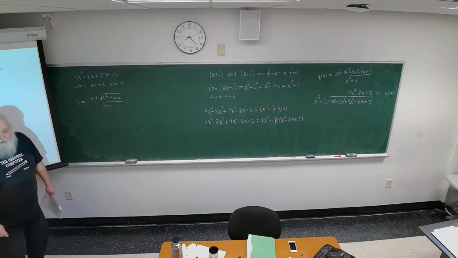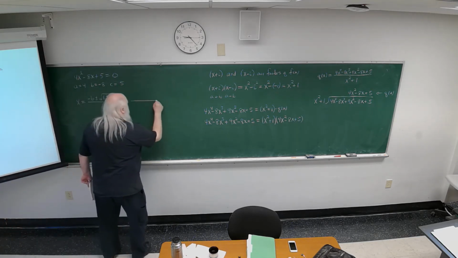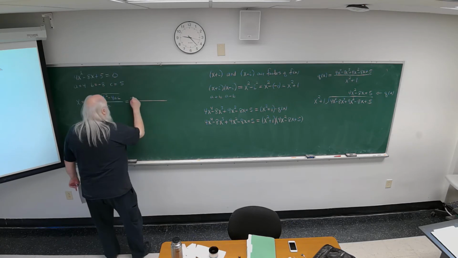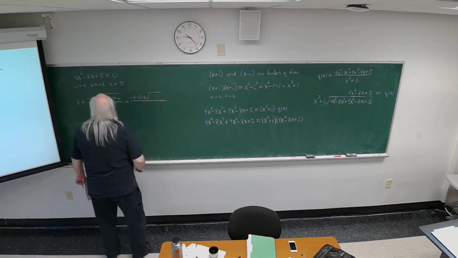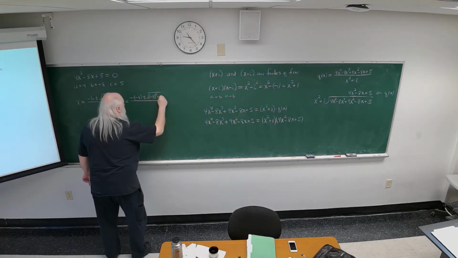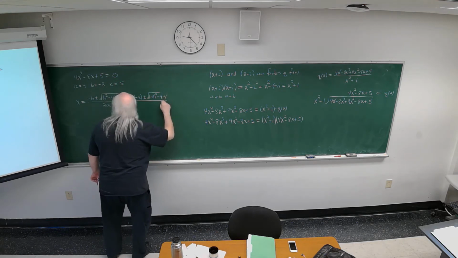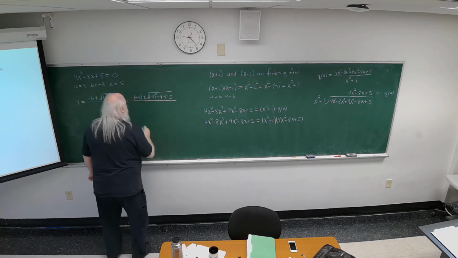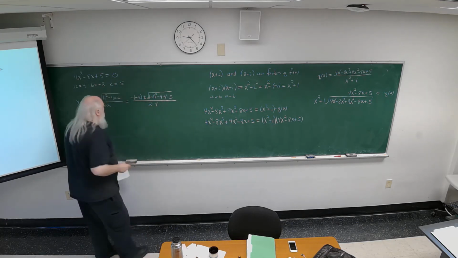Now you have to plug in and do the arithmetic correctly. So negative b is the negative of negative 8. b squared is negative 8 squared. We have minus 4 times a, which is 4, times c, which is 5, all divided by 2 times a, which is 2 times 4.